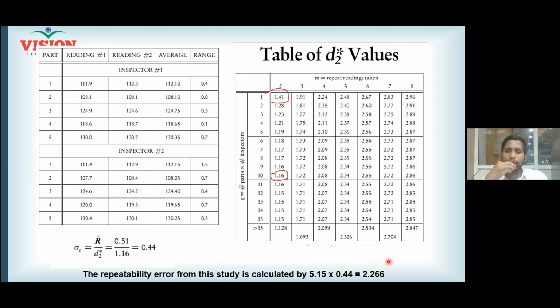Sir, how is 5.15 used? See, when you use 6, what is the meaning of 6? 99.73%, isn't it? Yes. But in olden days, people were not able to go up to 99.73 because they were doing everything manually. They used only tables, and that table was available only up to 99% or so, so they settled with 5.15.